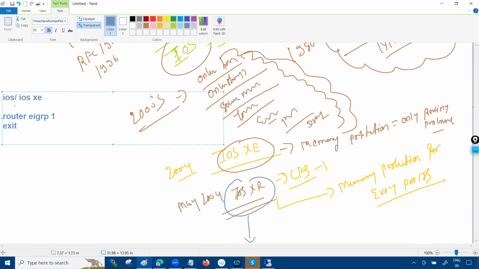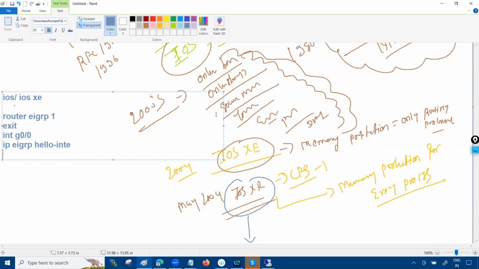And after that, if you want to change the hello timer or hold time, you need to go under the particular interface, for example gig 0/0/0, and change the IP EIGRP hello timer.